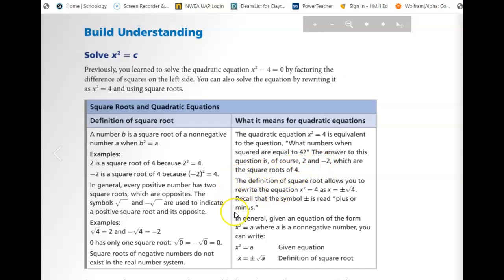And the definition of a square root allows you to rewrite this equation as x equals plus or minus the square root of 4. Okay? And in general, given an equation that is in this form, x squared equals a, therefore x is equal to plus or minus the square root of a.